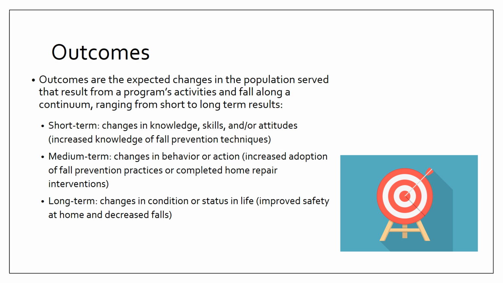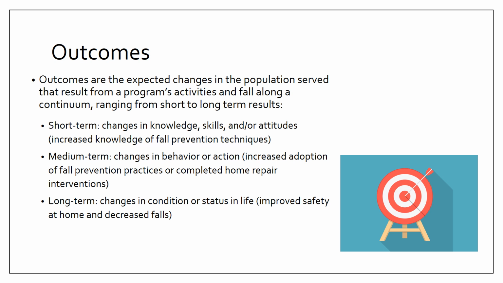Outcomes are the specific changes that may result from the program's activities or interventions. A program's outcomes follow along a continuum ranging from short to long-term results. Short-term outcomes are often considered changes in beneficiaries' knowledge, skills, or attitudes.